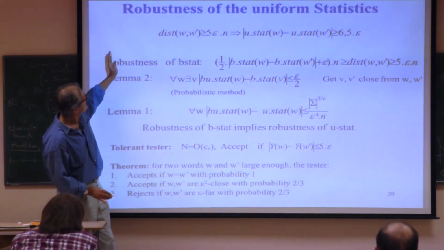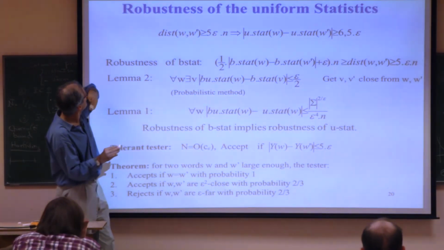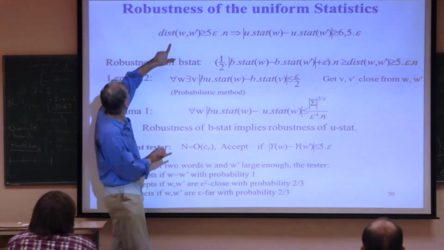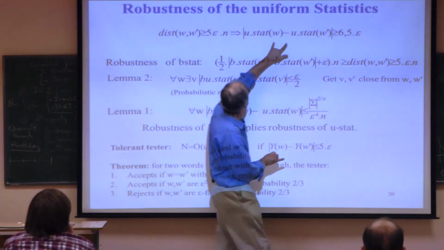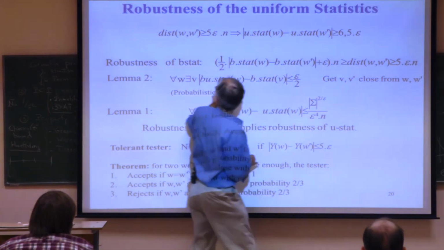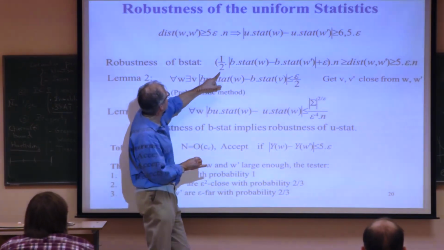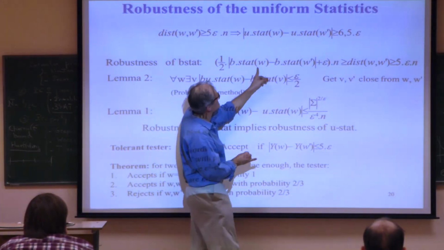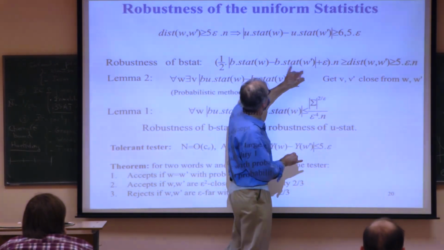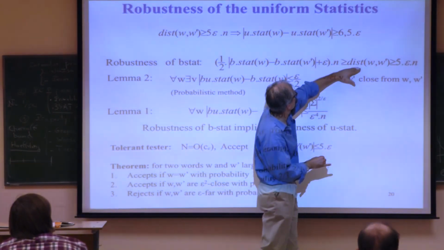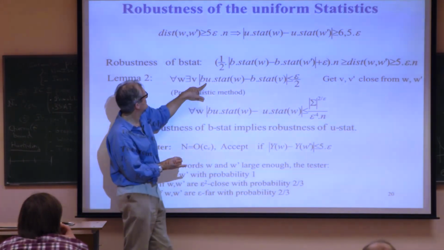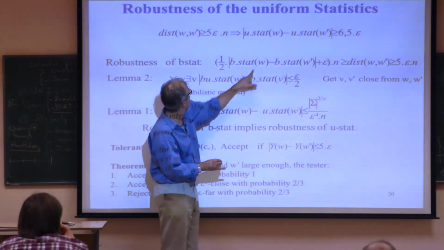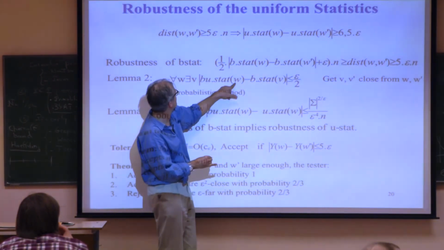And now, here is how you combine all the pieces. You assume that the distance is large, and you want to conclude that the U stat will be large. So first of all, you start with the fact that the B stat is bigger than the distance, then you use the fact that you approximate the B stat of this guy by some BU stat.